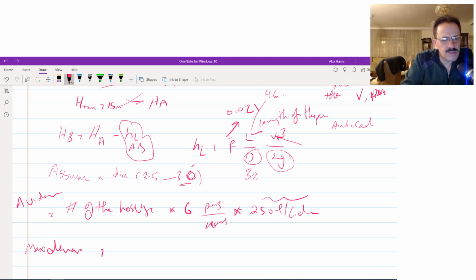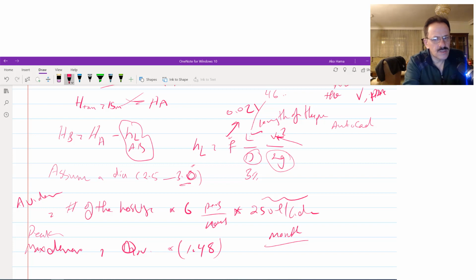The maximum demand is equal to the average demand, Q average, times the peak factor. The peak factor for monthly, I think, is 1.48. So this is the peak monthly demand.